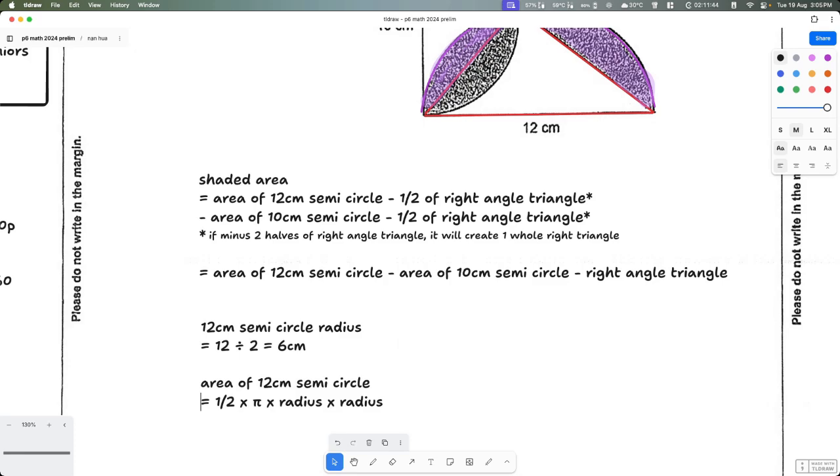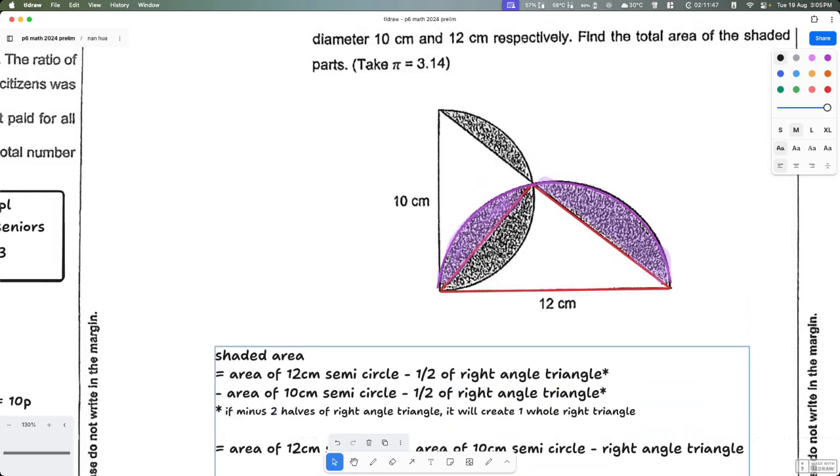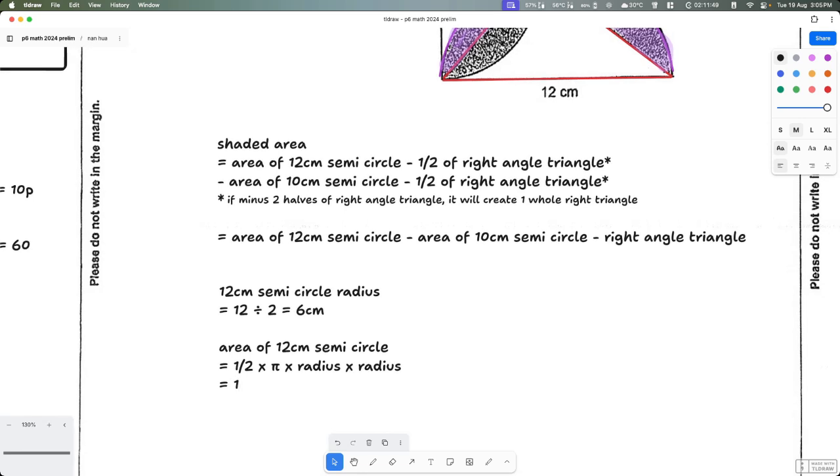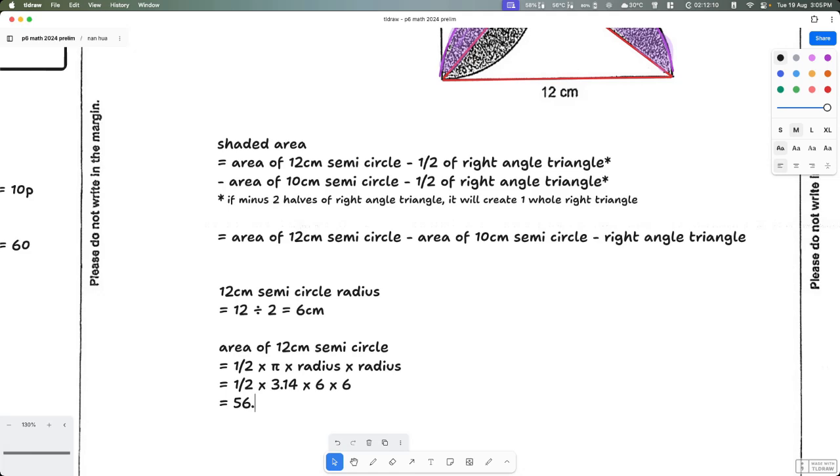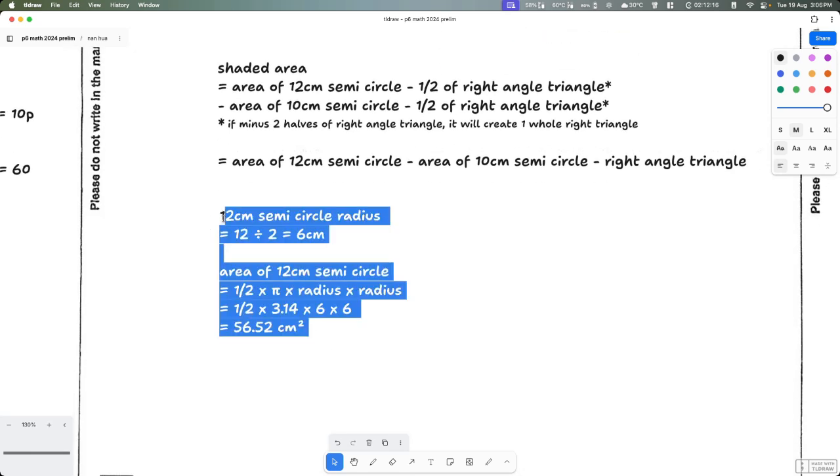So we plug in the values: half times 3.14 times 6 times 6. On the calculator, that gives 56.52 centimeter square.